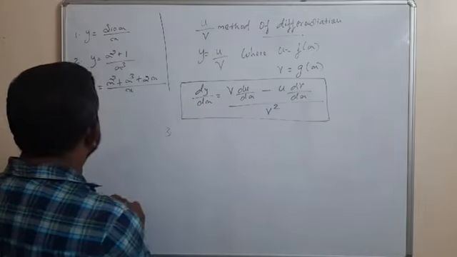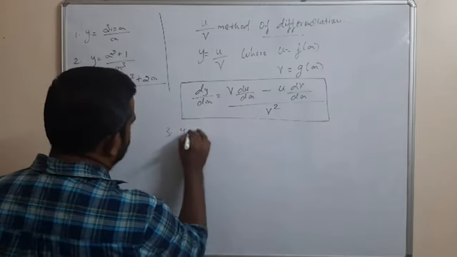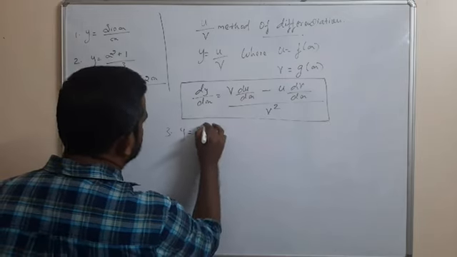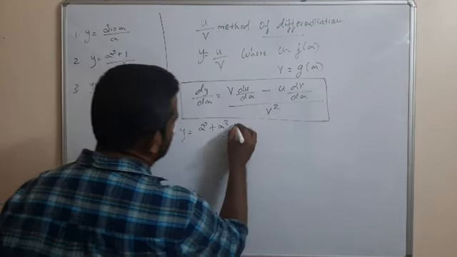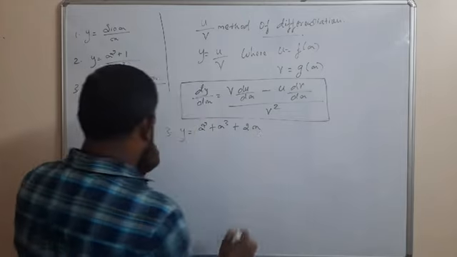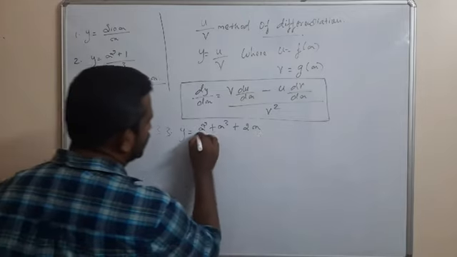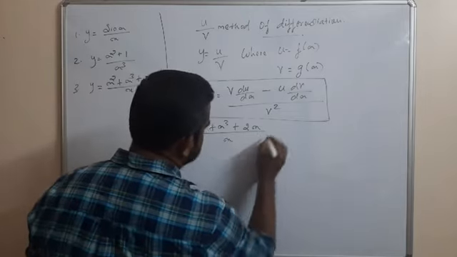Third problem, y is equal to x square plus x cube plus 2x divided by x.